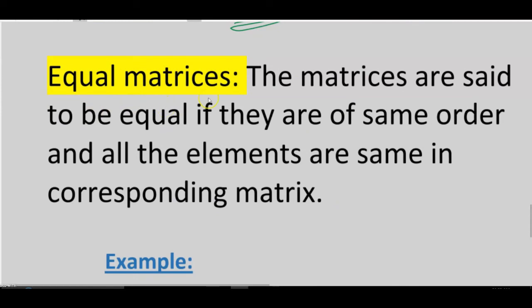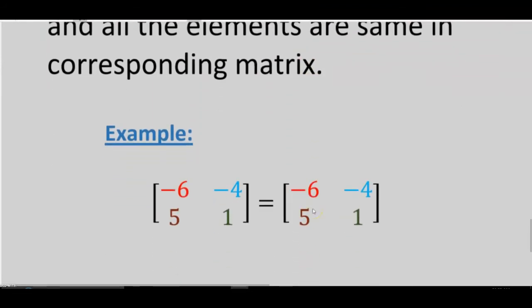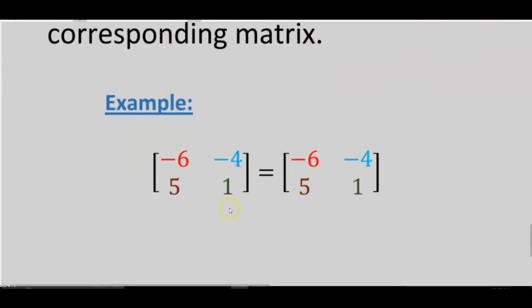And next is equal matrices. The matrices are said to be equal if they are of the same order and all the elements in the corresponding positions are the same. So this is very simple. As I'm taking one example here, you can see the order of both the matrices is 2 by 2, right?